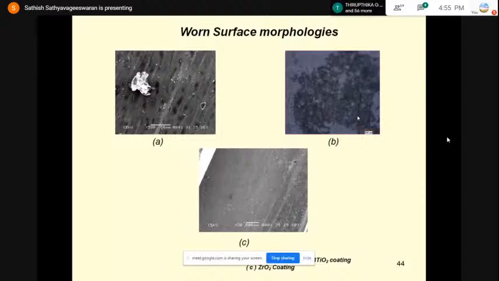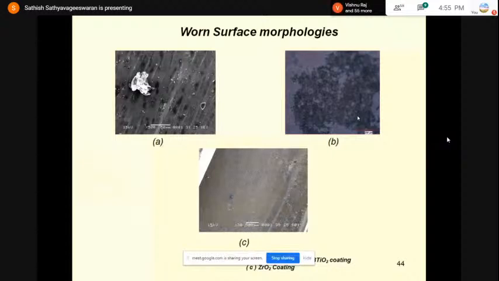While showing the image, I have shown that a lot of cracks and pores were there. Those cracks and pores present in that particular coating have paved the way for the solution to attack the base material. That is why the zirconia is having very poor corrosion resistance when compared with the above bilayered coating.